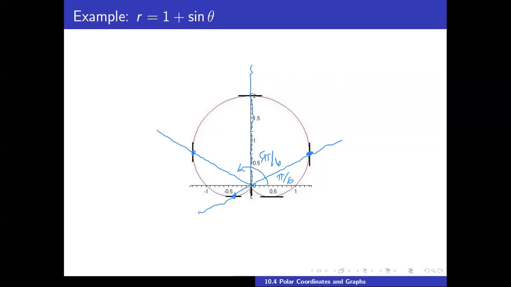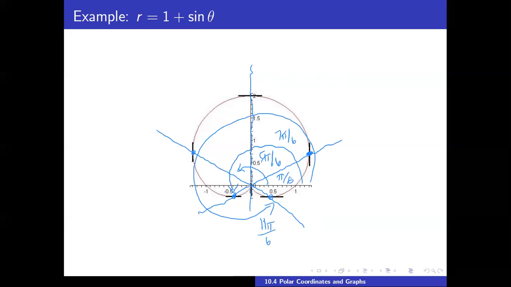Yeah, that's 7. Oh man, this is getting complicated, right? 7 pi over 6. And then of course this guy over here. What's that? That's 11 pi over 6. Yeah? 11 pi over 6. And of course, 3 pi over 2, which is straight up and down, is where the tangent line goes vertical again. Yeah? Is that making sense? Hopefully this kind of polar stuff, we're getting used to thinking in this way.